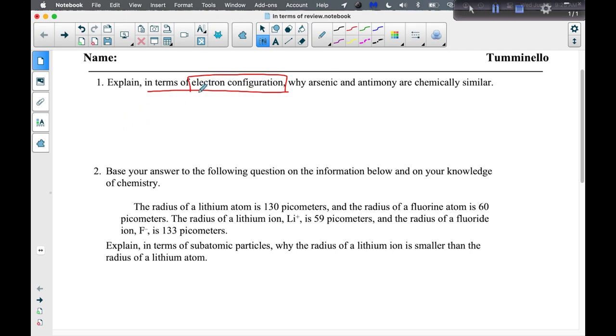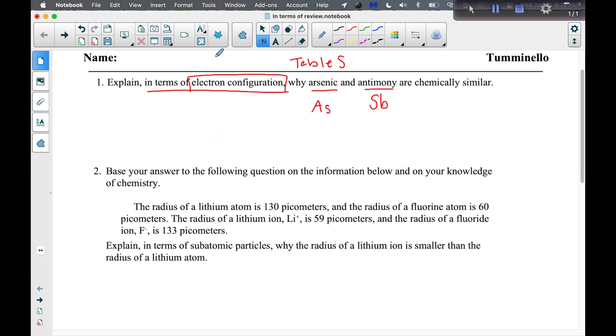So if it says, in terms of electron configuration, why arsenic and antimony are chemically similar. First of all, if you do not know who arsenic and antimony are, you look up their symbols on Table S. Arsenic happens to be As. Antimony happens to be Sb.